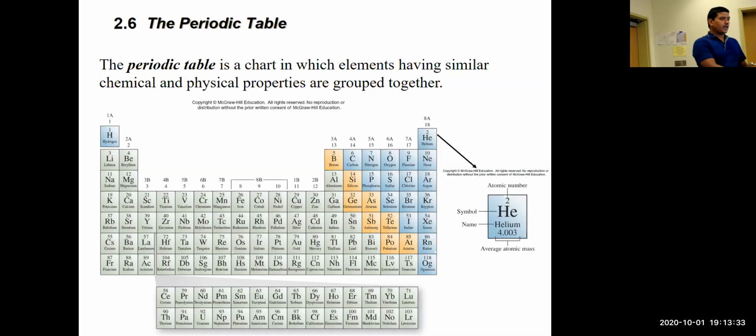By this time, you already know that an element symbol is presented with 1 or 2 letters, and it has two numbers associated with it. One is the smaller number, which we call the atomic number. One is the larger number, which we call the mass number.